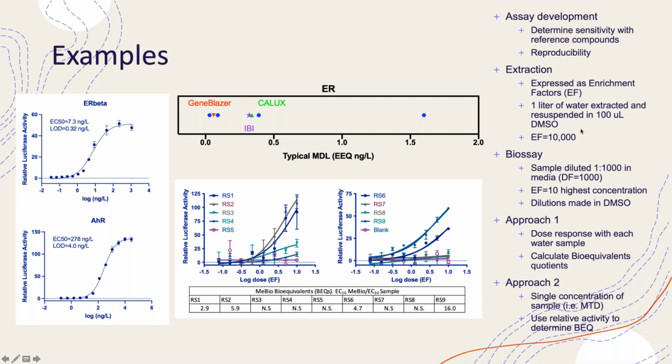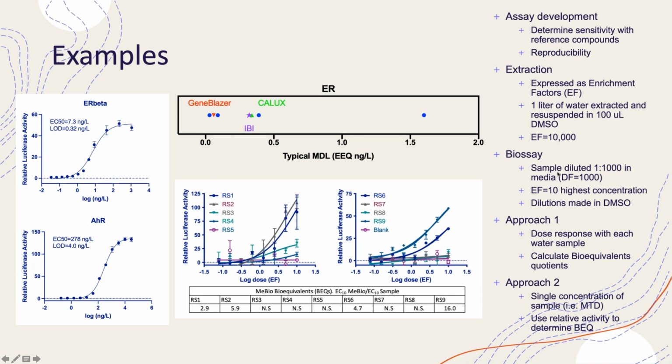Generally speaking, all of these types of chemicals are present at low levels in these matrices, so you're going to have to concentrate them. Generally what we do is we take a liter of water, go through SPE extraction, resuspend in 100 microliters of a solvent that's compatible with cell-based systems, DMSO, and get an enrichment factor of 10,000.